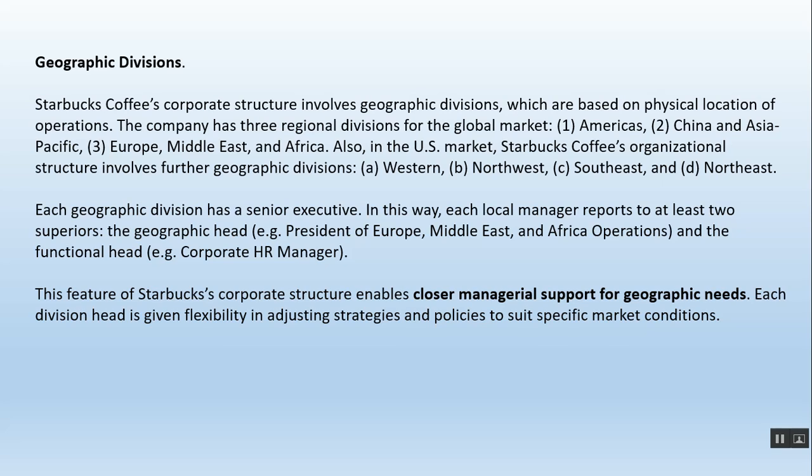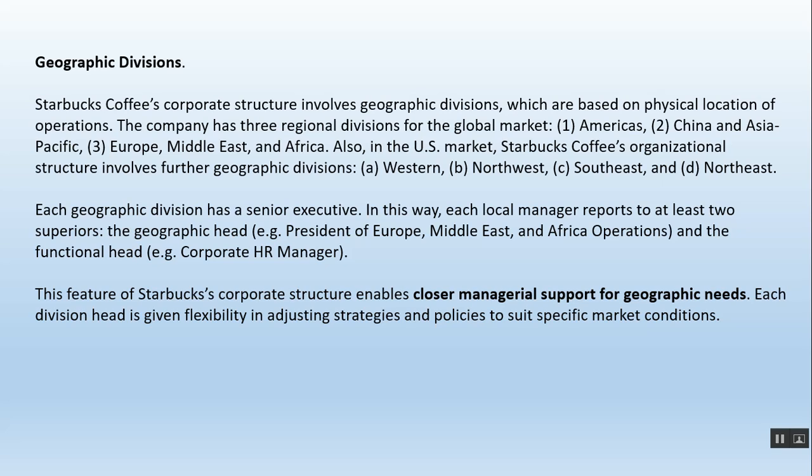Each of these geographic divisions has a senior executive. In this way, the local manager reports to at least 2 superiors. That person will have a geographic head and a functional head that they'll have to answer to. And this feature at Starbucks and many other companies allows for more local managerial support for geographic needs.